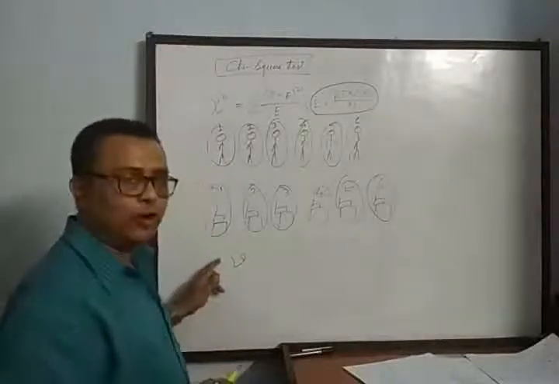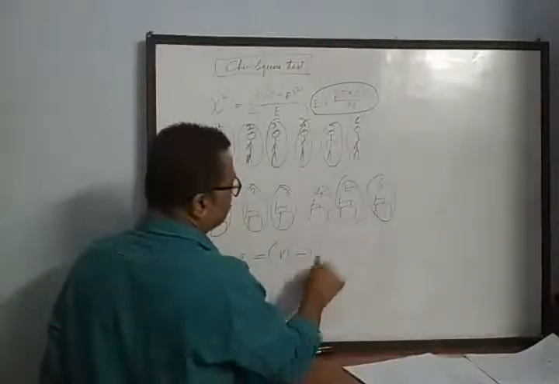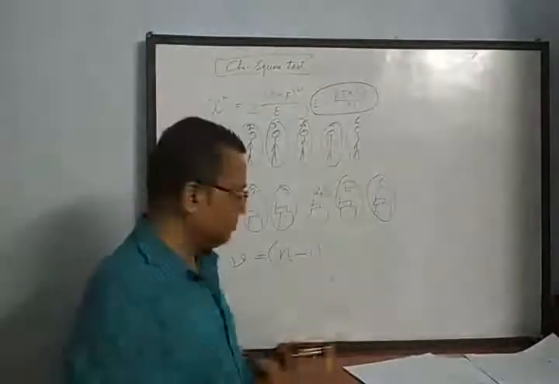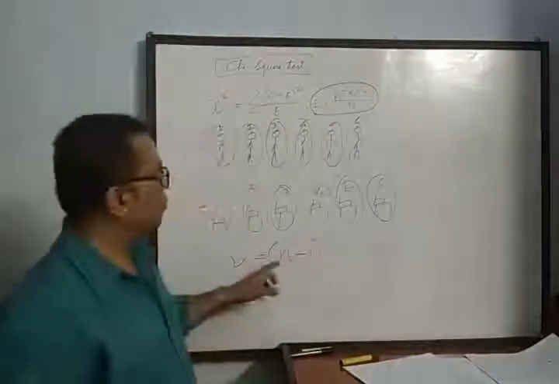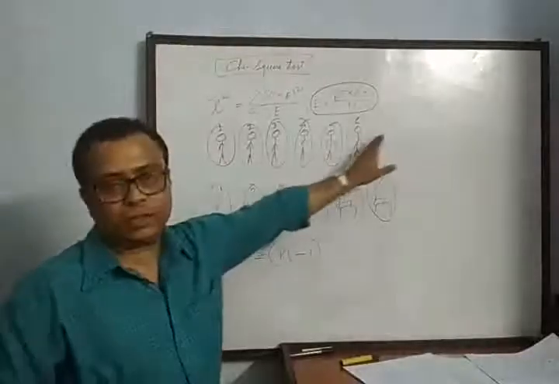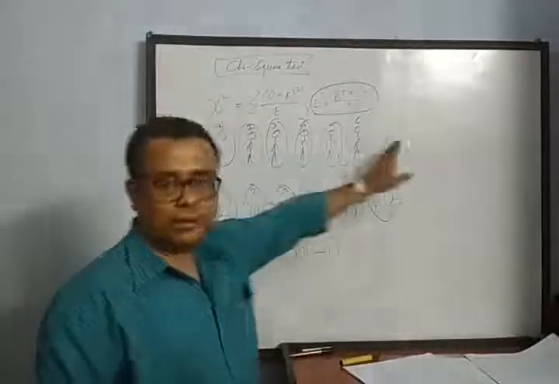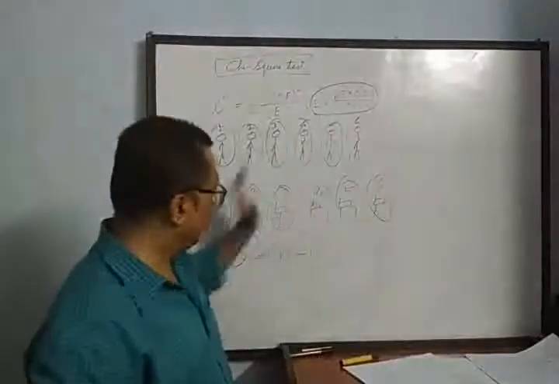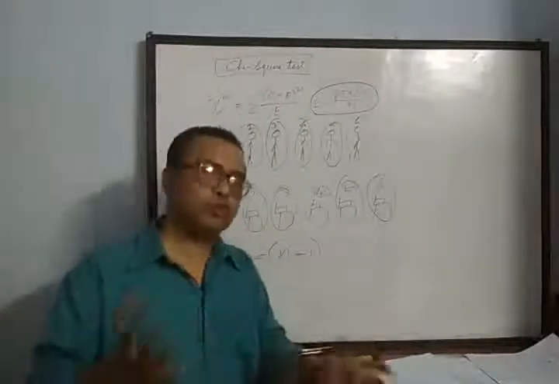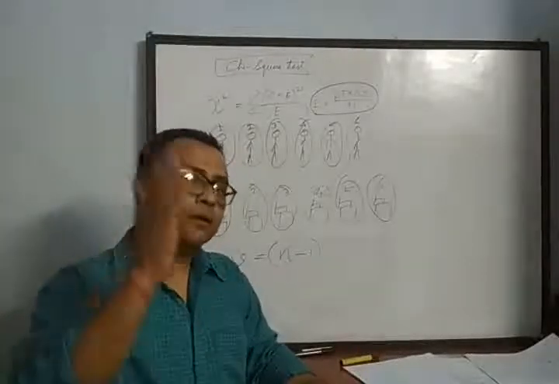We will denote it as small v equals n minus 1. N minus 1 means, always, whatever the population will be, whatever the number of data will be, n minus 1 will be the degrees of freedom. They are free to choose any options, but not the last one.